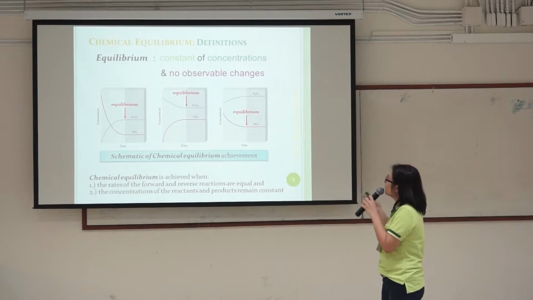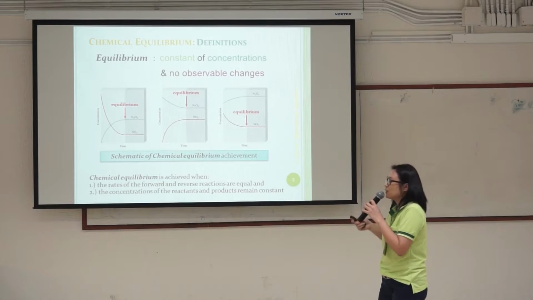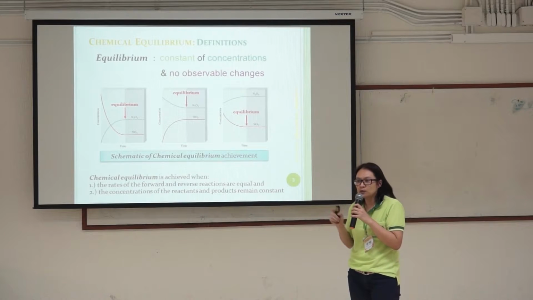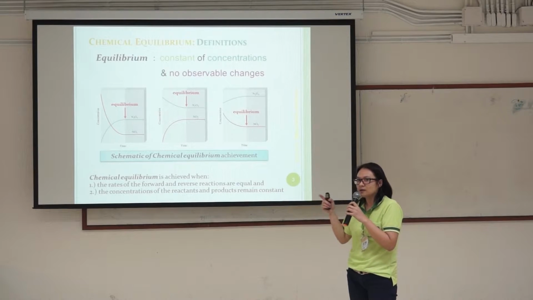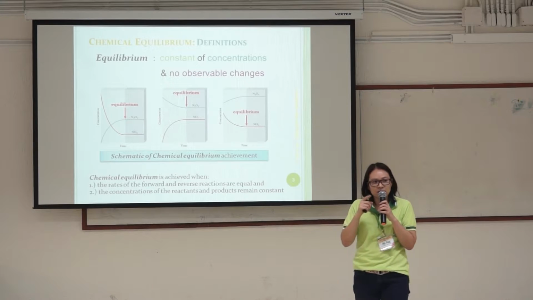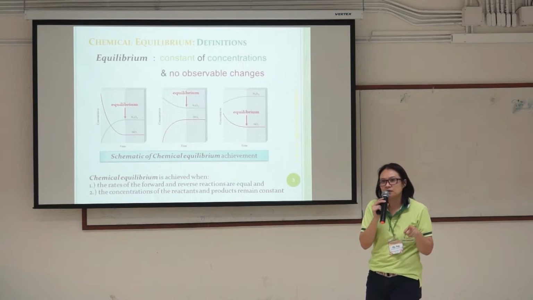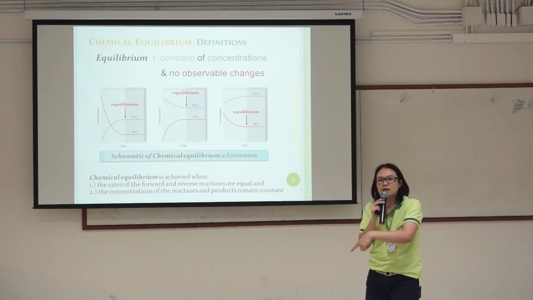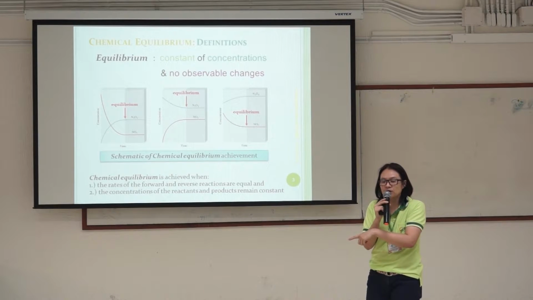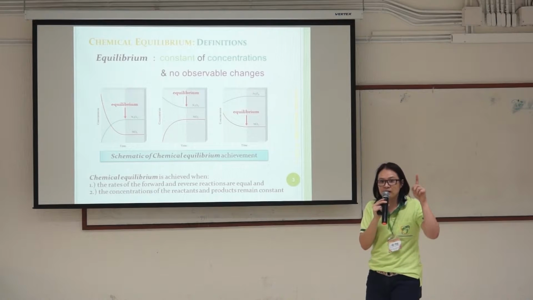For a chemical equilibrium, when a reversible reaction proceeds, as time goes on, the concentration of the reactants will decrease. At the same time, the concentration of the products will increase, right?